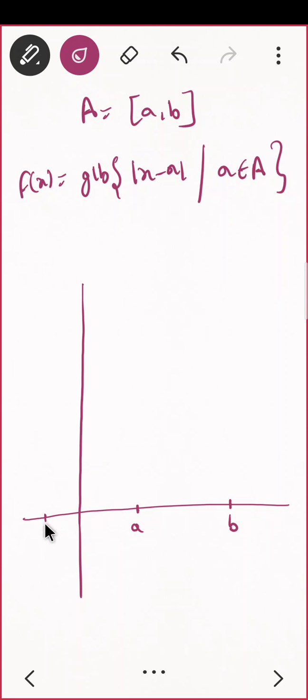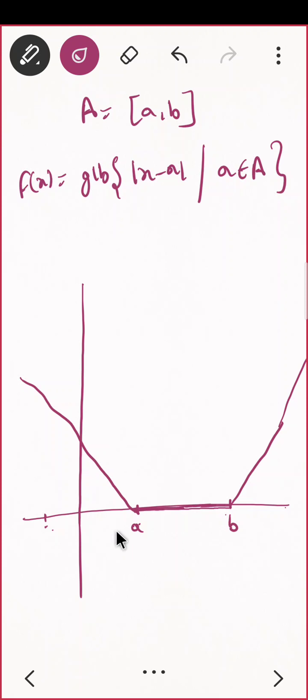So distance of x from A and distance of x from this interval A to B. Which one is minimum? Definitely x minus a will be the minimum. So the graph here will remain the same as the mod graph. And same here also. If you are having any point here, the distance would be this one. So it will be the mod graph.